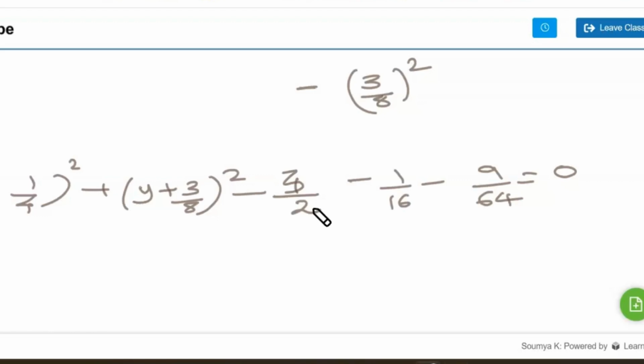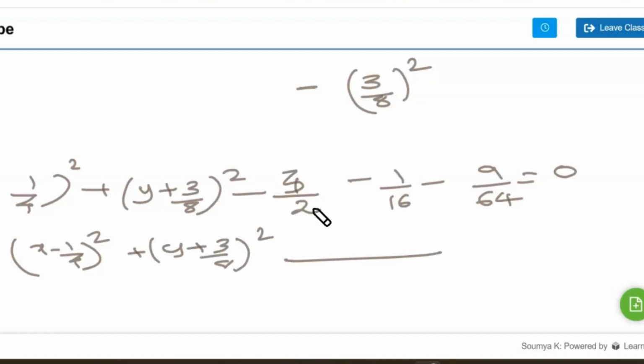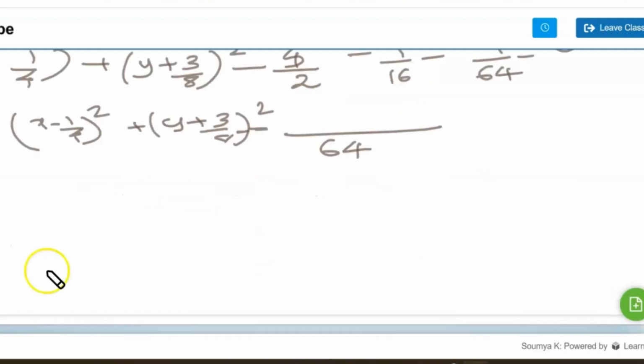Now this is converted to the formula we were trying to get: x minus 1 by 4 the whole square plus y plus 3 by 8 the whole square, and after solving this whole equation you will arrive at minus 64, and take the LCM. You have to use that thing, 2 comma 16 comma 64.